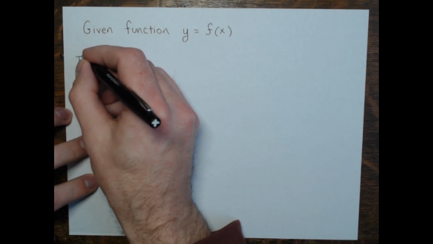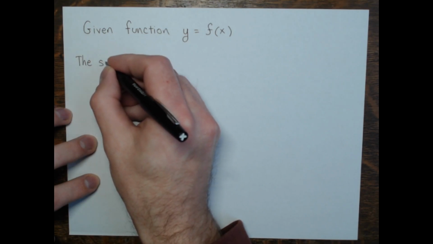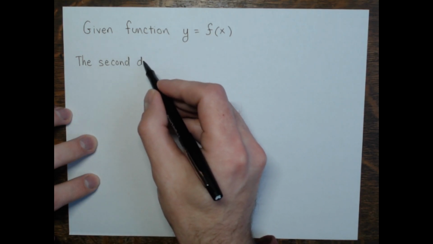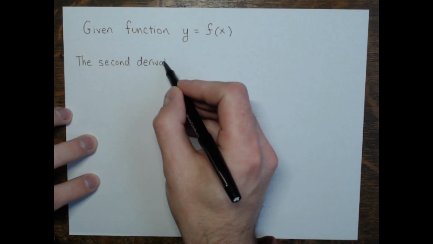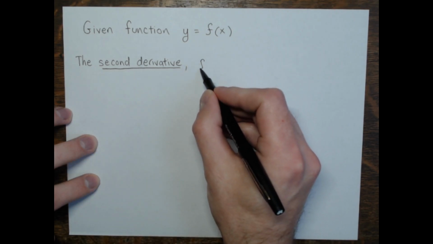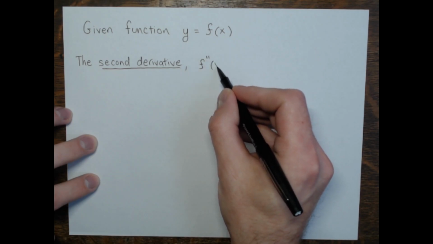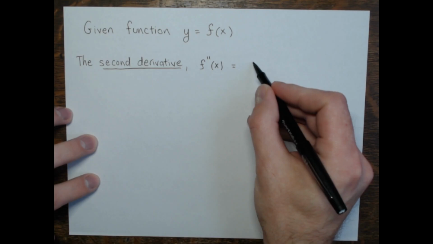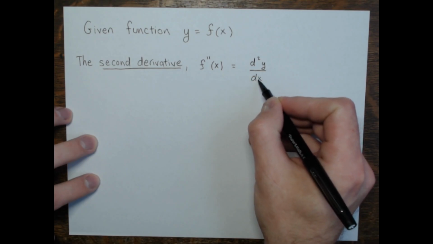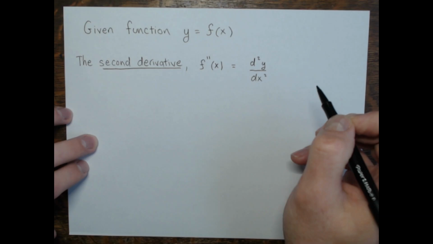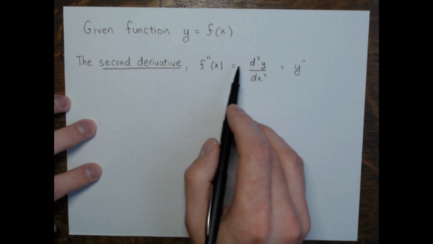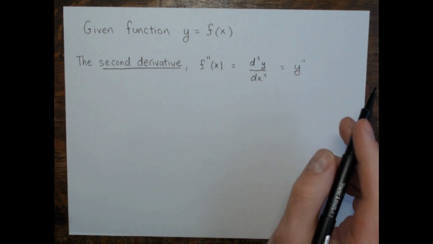So remember the second derivative, which would be f double prime of x, or d squared y over dx squared with the Leibniz notation, or just y double prime, whatever. All three of these mean the same thing, the second derivative.